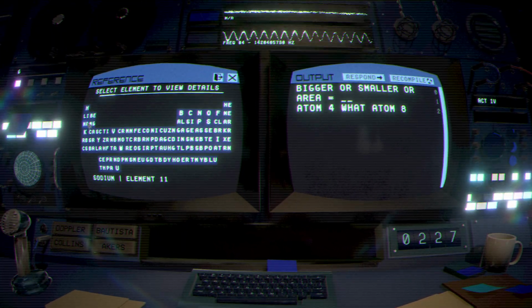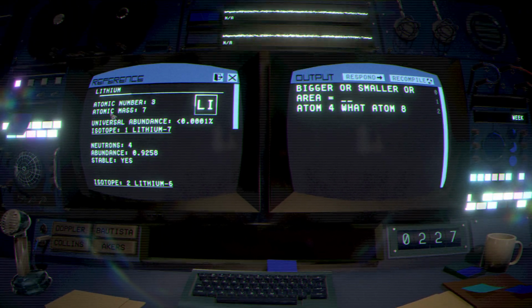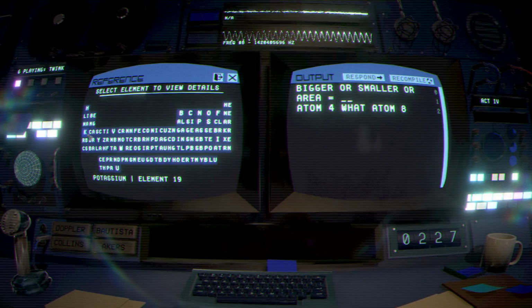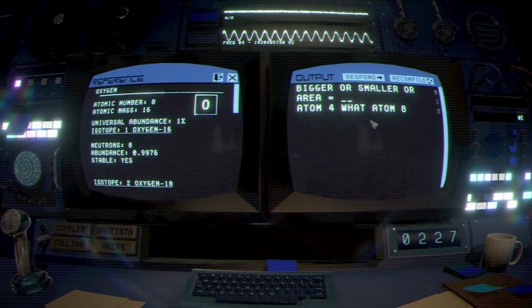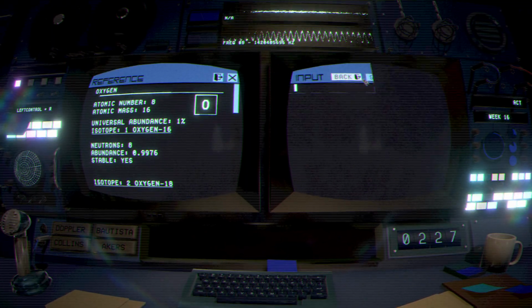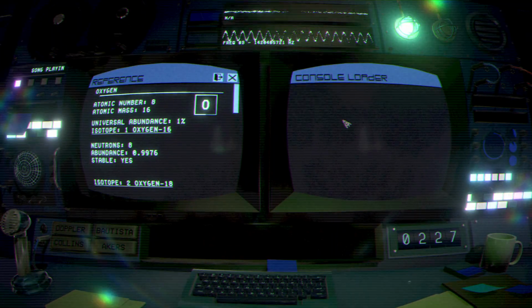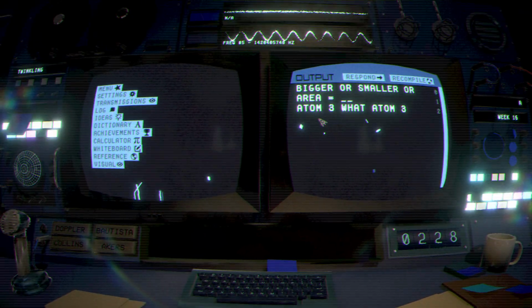They're saying element 4 has an atomic mass of 7, and atom 8, which is an atomic mass of 16. So 16 bigger, so smaller. Could just be wrong still, but that's what I'm interpreting.